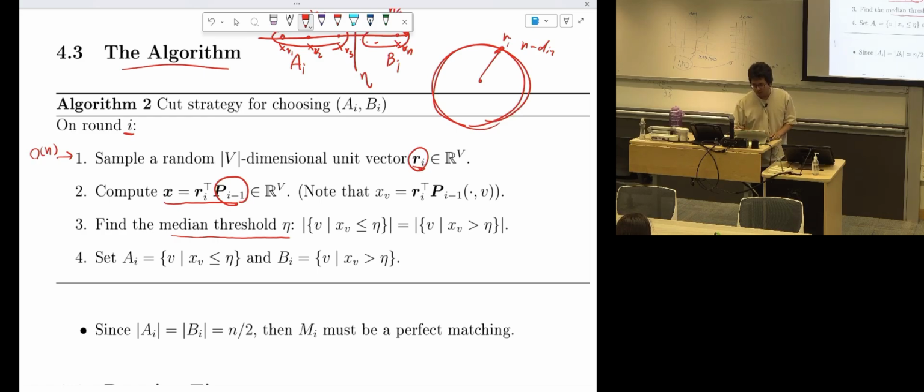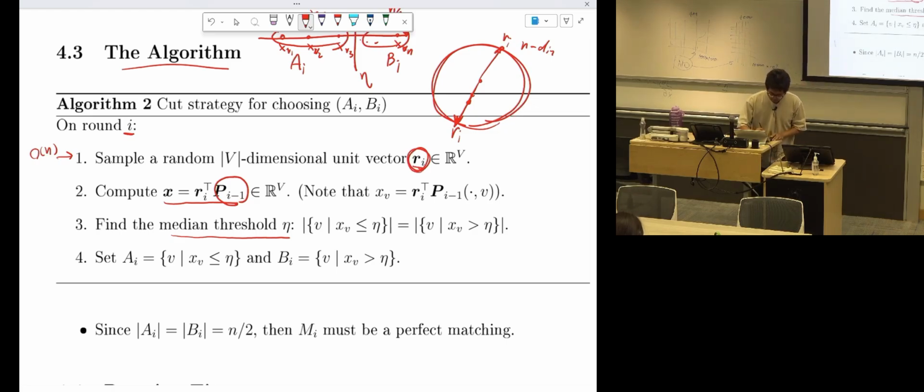Again, the idea is for each coordinate of r_i, just choose it to be a random Gaussian, and then it might go maybe here, and then you make it a unit vector. So then it becomes here, something like that. I will not go over this.